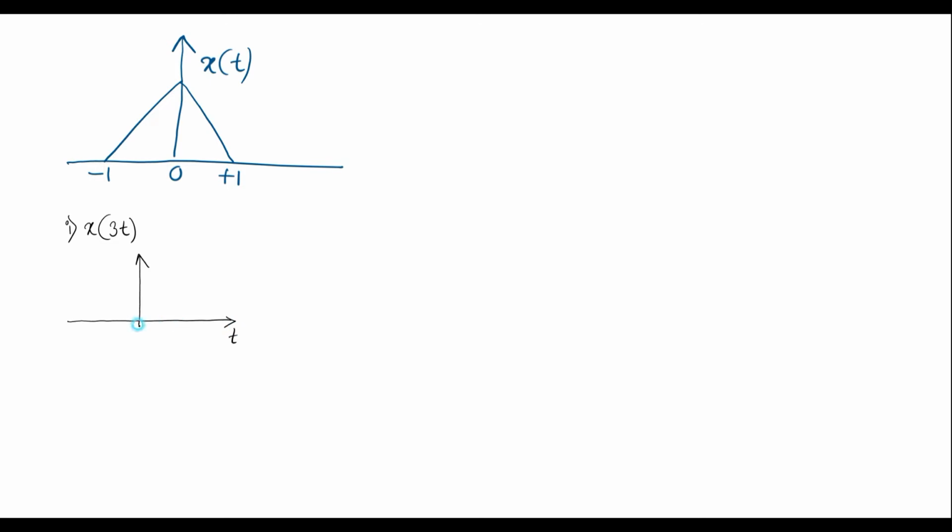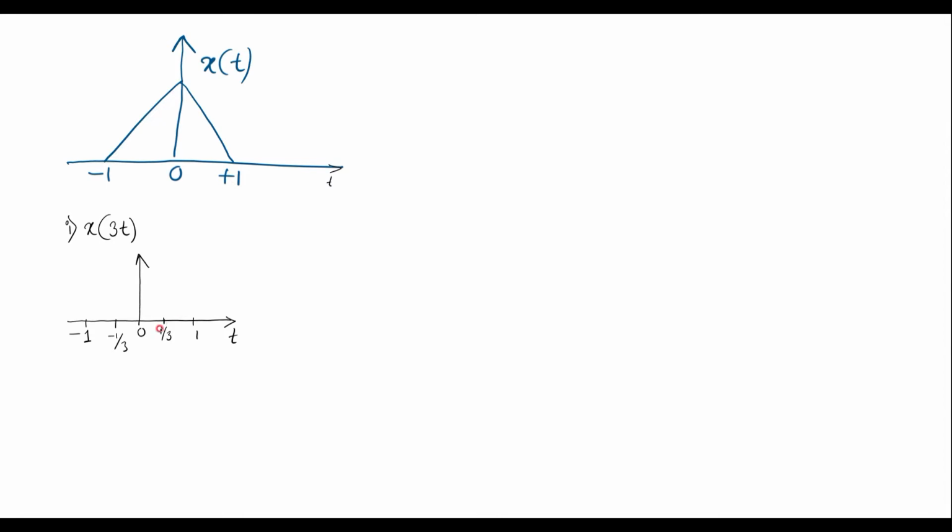Let this be t. This is 0. Say this is 1 by 3. Say this is 1. Let this be minus 1 by 3 and this is minus 1. Now we are supposed to divide each time period value by 3, that is 1 divided by 3, that is 1 by 3.